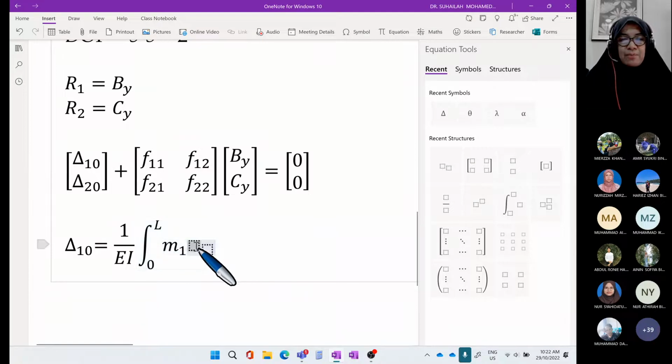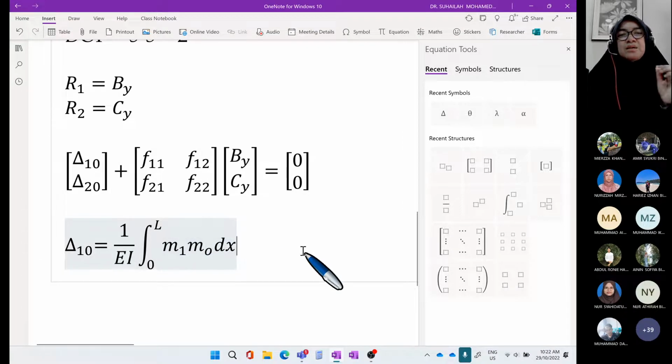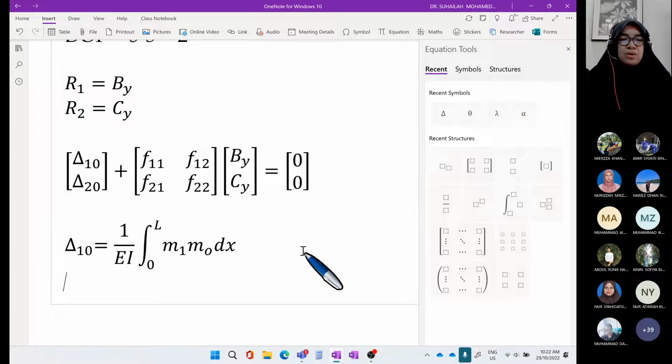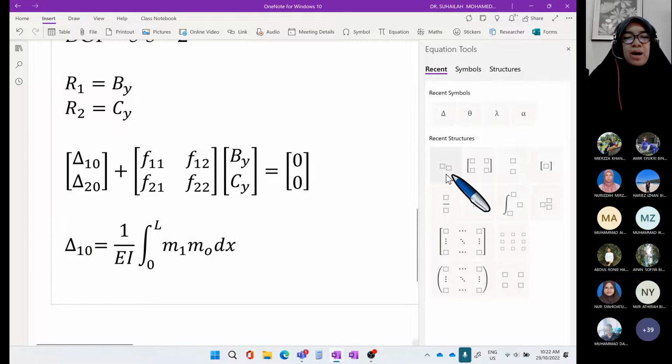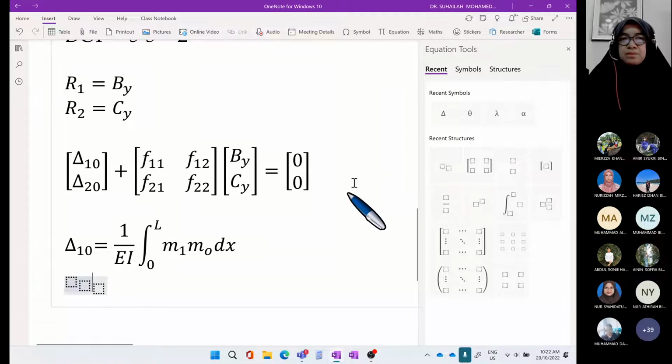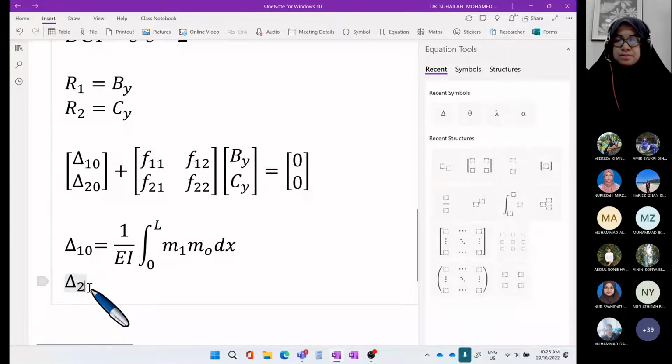So delta 1 naught is 1 over EI integral of M1 M naught dx. This is the first formula. The second one is delta 2 naught.